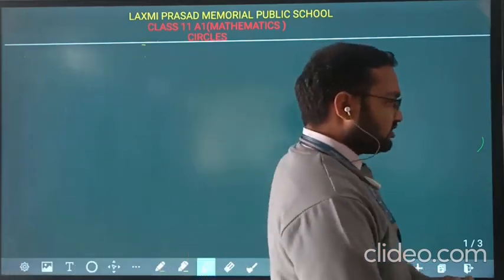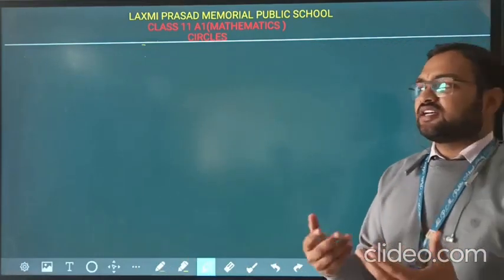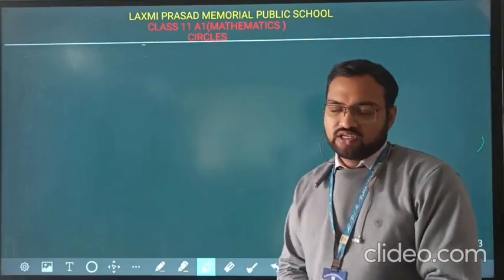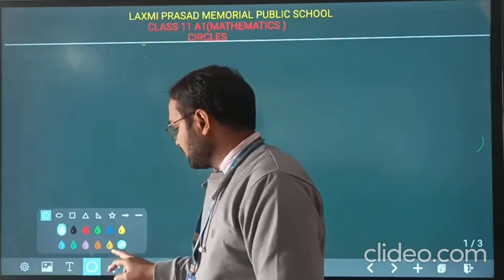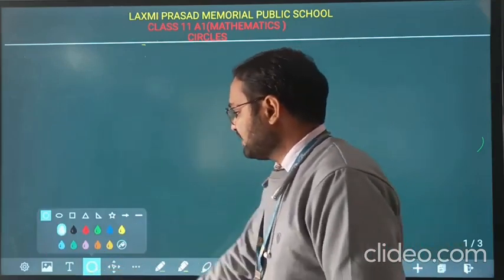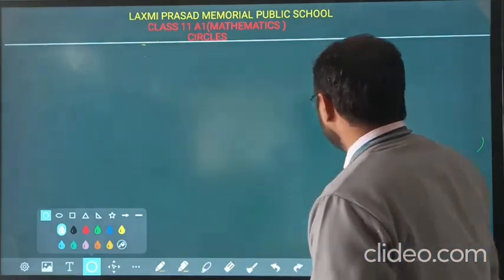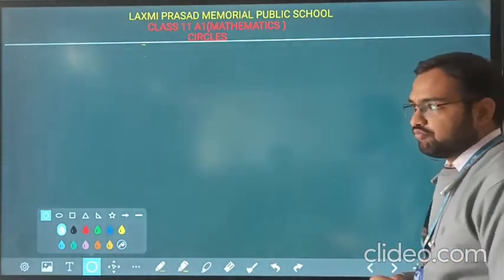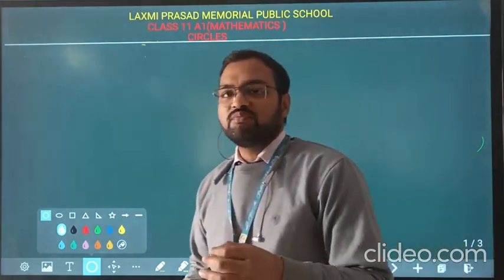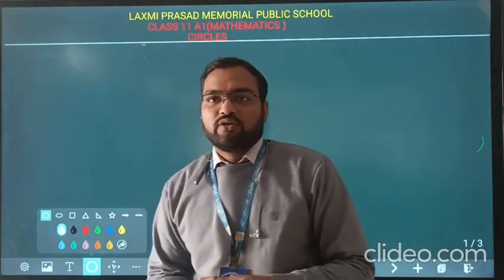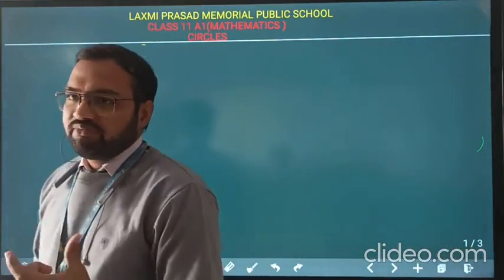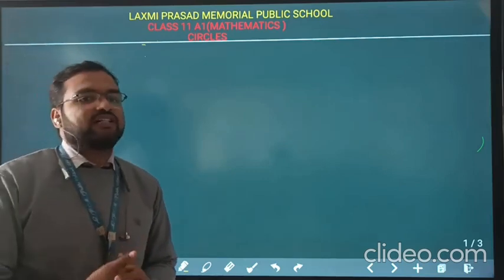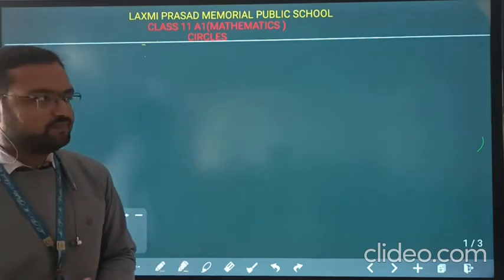To learn circles, we have to know what a circle actually is. First of all, what is a circle? We can say a circle is the locus of a point which moves in such a way that it remains a fixed distance from a fixed point.